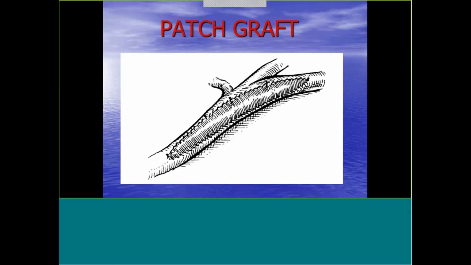This is what a patch graft looks like, whether it's vein or artificial. I can tell you that vein grafts do not embolize as much once you restore flow as an artificial graft does.